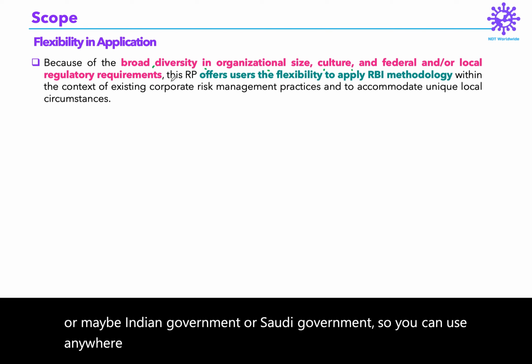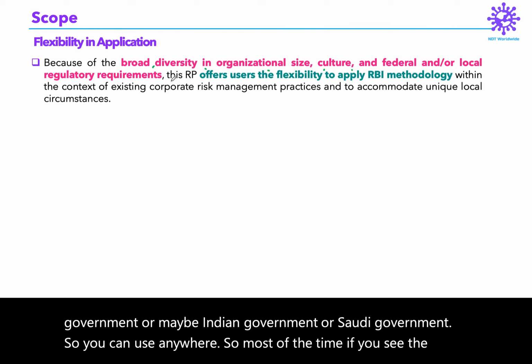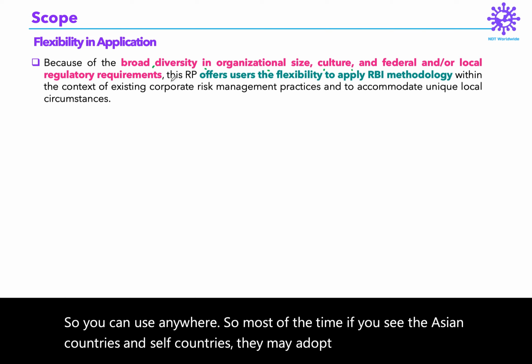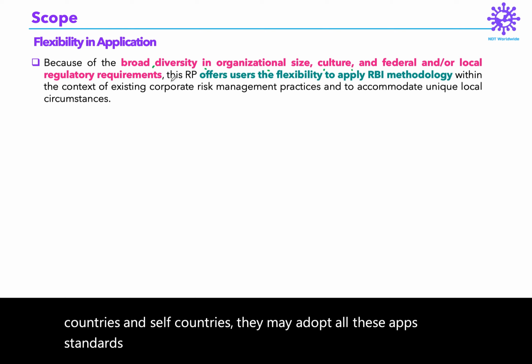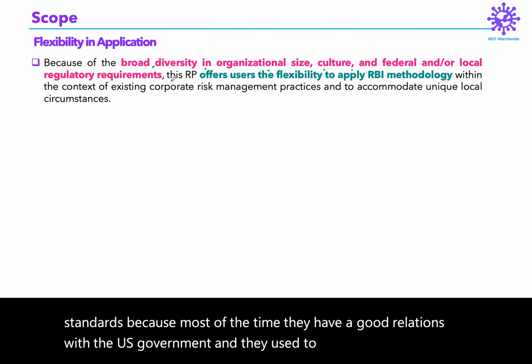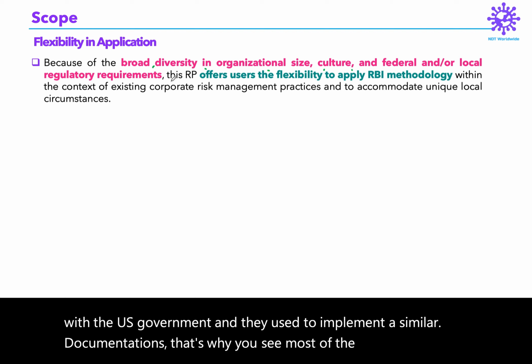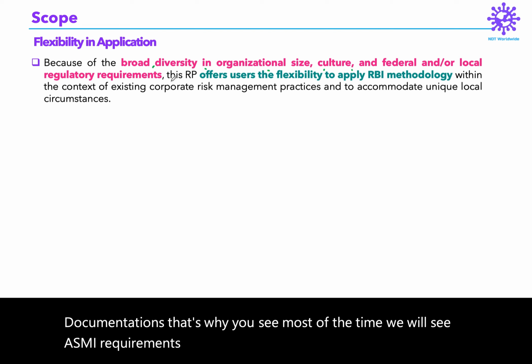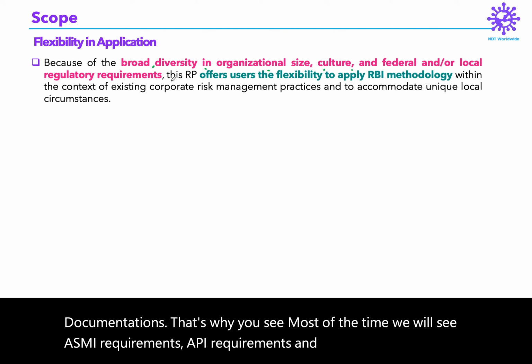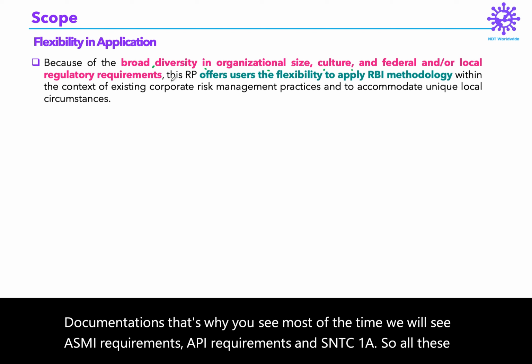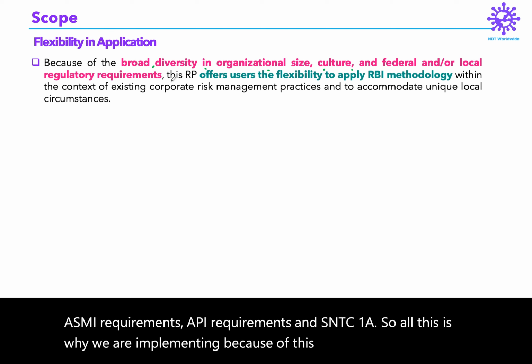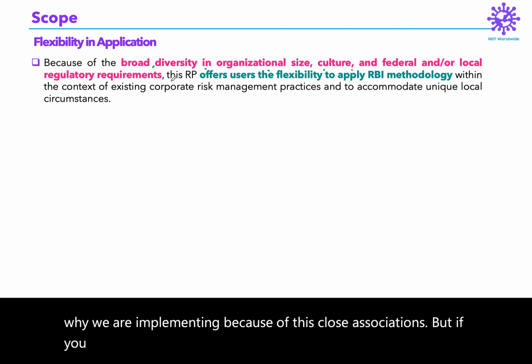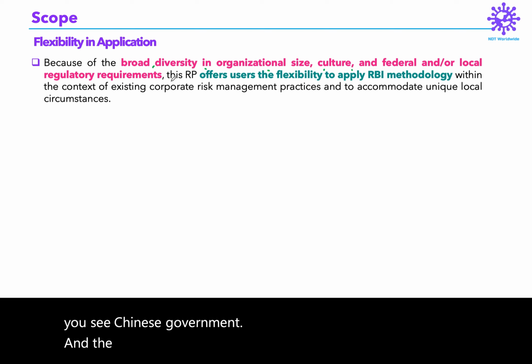Most of the time, the Asian countries and Gulf countries adopt all these API standards because they have good relations with the US government and implement similar documentation. That's why most of the time we see ASME requirements, API requirements, then SNT-TC-1A. We implement all these because of these close associations. But the Chinese and Japanese governments may not use all these things.